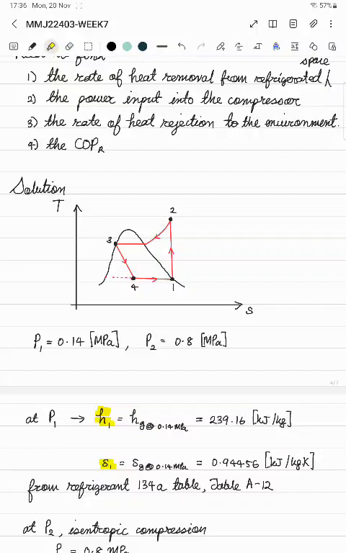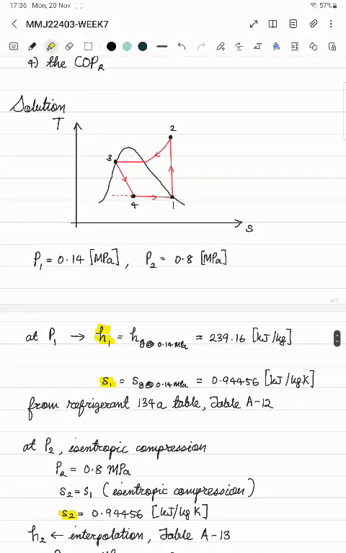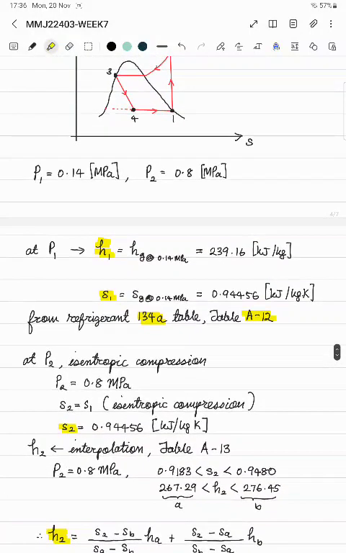So the enthalpy at state 1 you can get from the refrigerant 134A table. That is, in the textbook, table A12. This is just a direct reading from the table. Also, we can get S1 directly from the table too. Now, at state number 2, because the compression is isentropic, S1 equals S2.